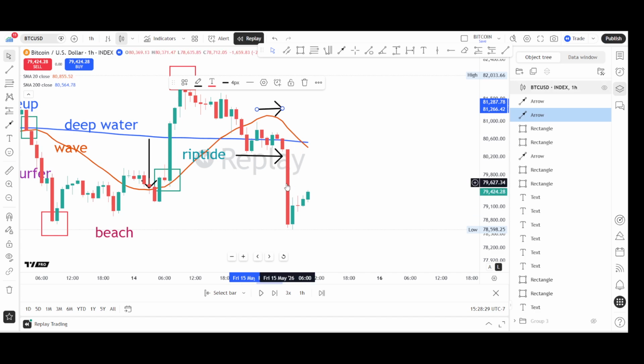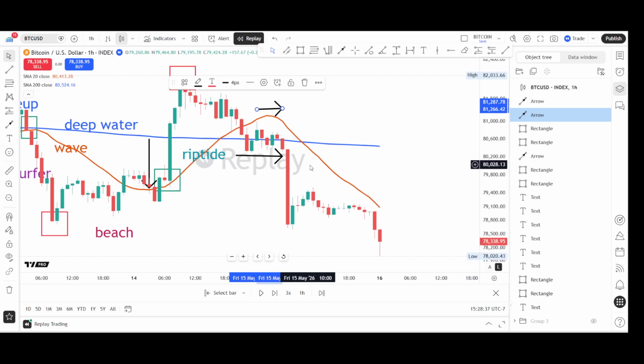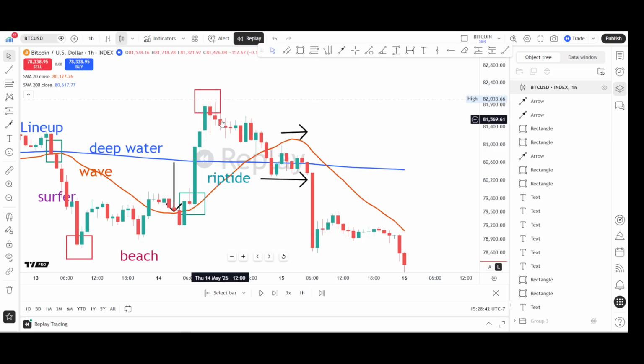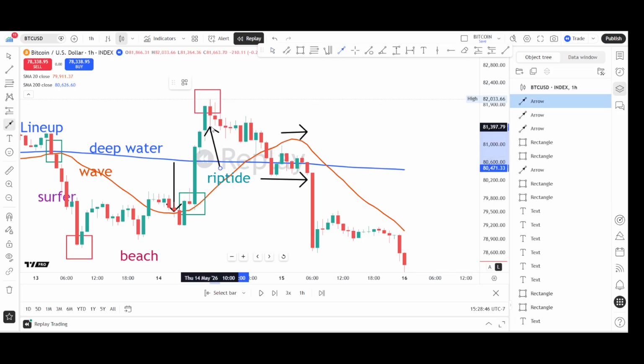Whether or not you got in here, I'm just kind of giving you an idea of what's happening, and you're now off to the races. But I guess my ultimate point is that the trend changed. You're no longer up. You got to be aware that when you're away from the 20 here, your trend is going to change potentially. And this was the confirmation that this trend has changed. And now you're riding the trend.